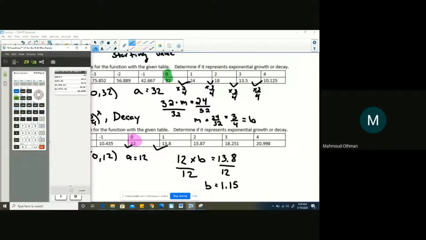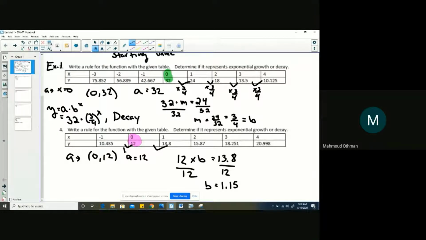So the pattern is it increases by a multiple of 1.15 each time. So 1.15 times 1.15 times 1.15.